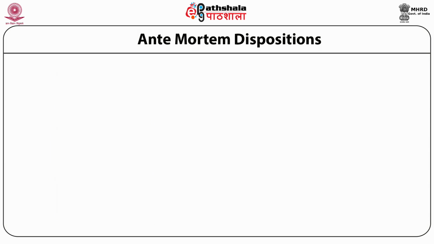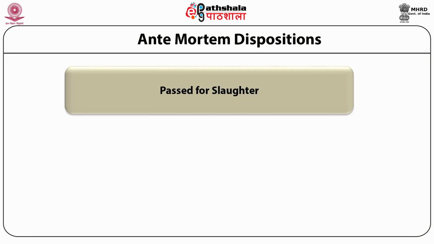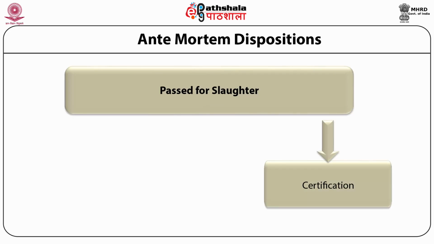Now we will discuss the ante-mortem disposition if the animal is passed for slaughter. The veterinary inspector should allow the animals that he or she has concluded to be free of disease and conditions described in the guidelines, and therefore fit for human food, to be released for slaughter. Secondly, he or she should certify to the establishment by signing and dating the time of ante-mortem inspection on the ante-mortem inspection format.